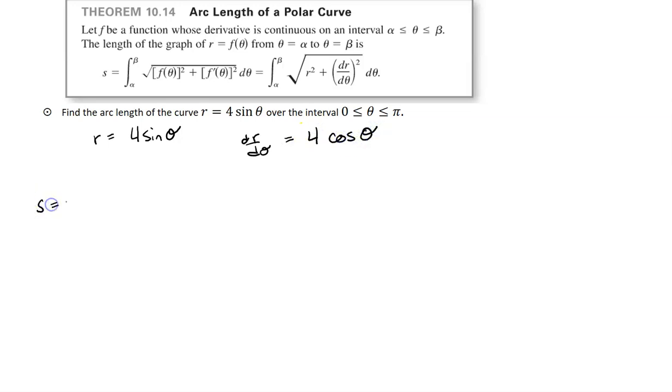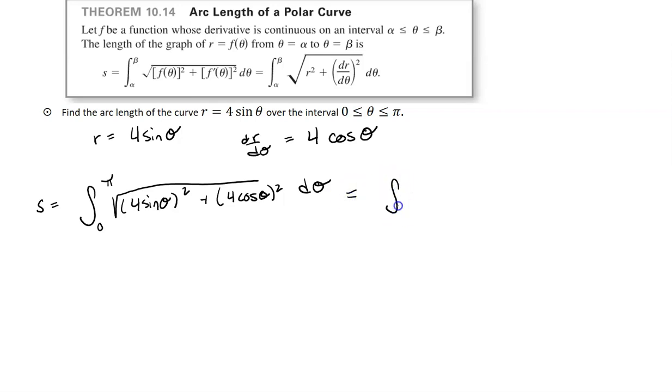So my arc length would be the integral from 0 to pi, that's my interval here, of the square root of 4 sine of theta squared plus 4 cosine of theta squared d theta. And then you just follow wherever the calculus and the trig take you and integrate this thing.